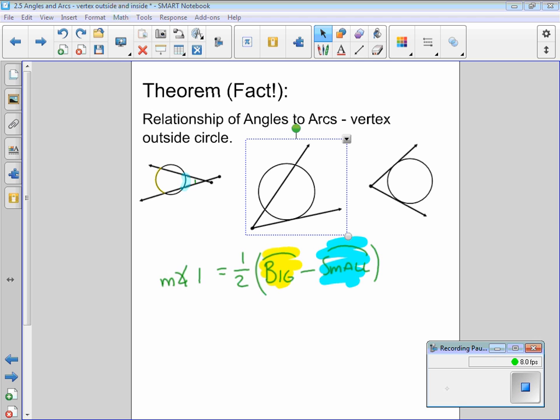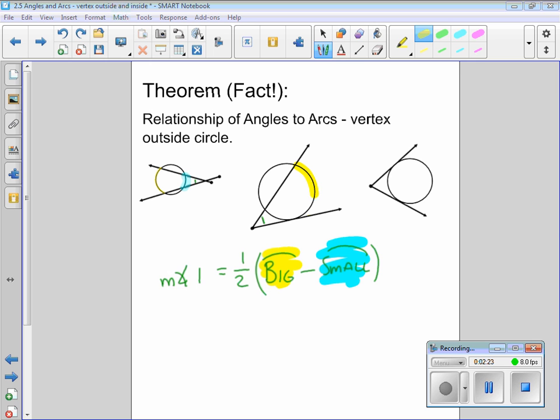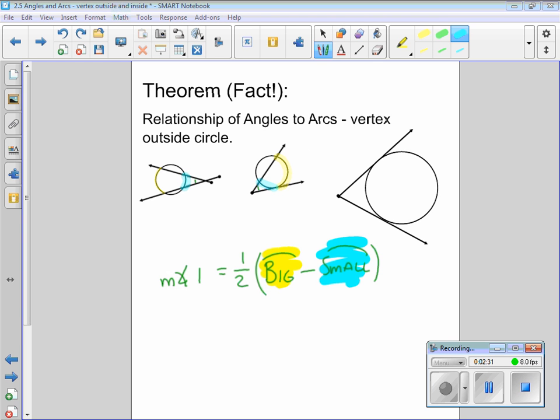Let's look at the other ones. We have angle 1 here, and then the big arc minus the small arc. And over on the other one, angle 1 would be here, and these are two tangents. We have the big arc and the small arc.